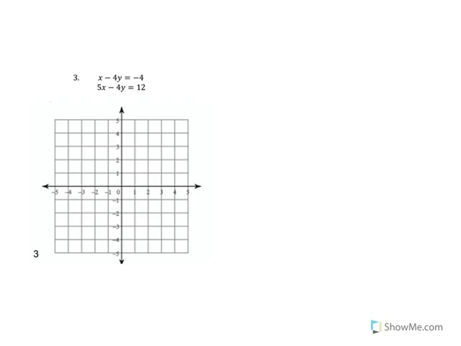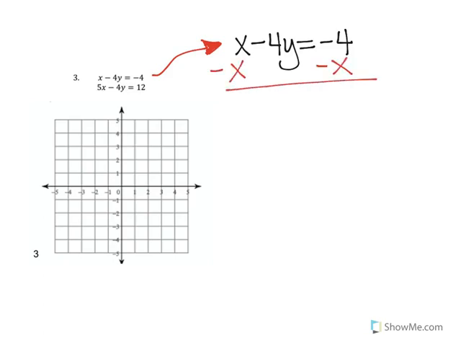Now you'll notice in question 3 that both of these equations are not in standard form, so you need to manipulate each of them to get y alone. So starting with the first one, I'm going to just rewrite it over here so that I have room to work. Now, in order to get y alone, I'm first going to move the x, and I'm going to do that by subtracting it to the other side.